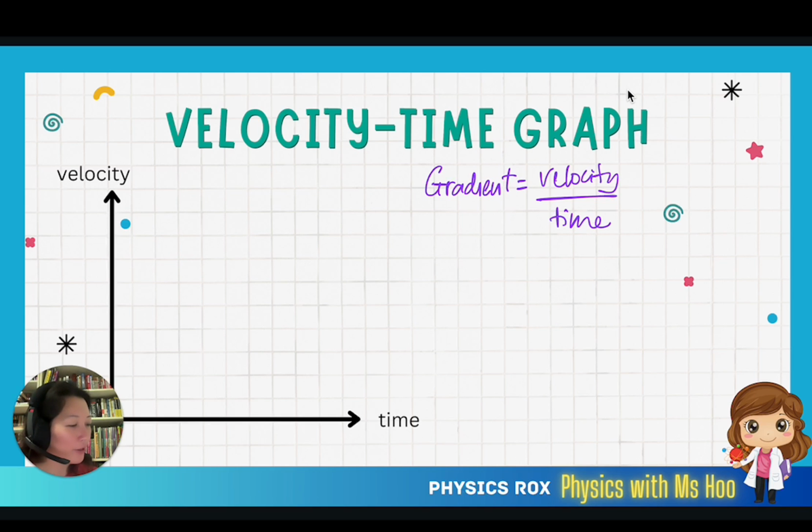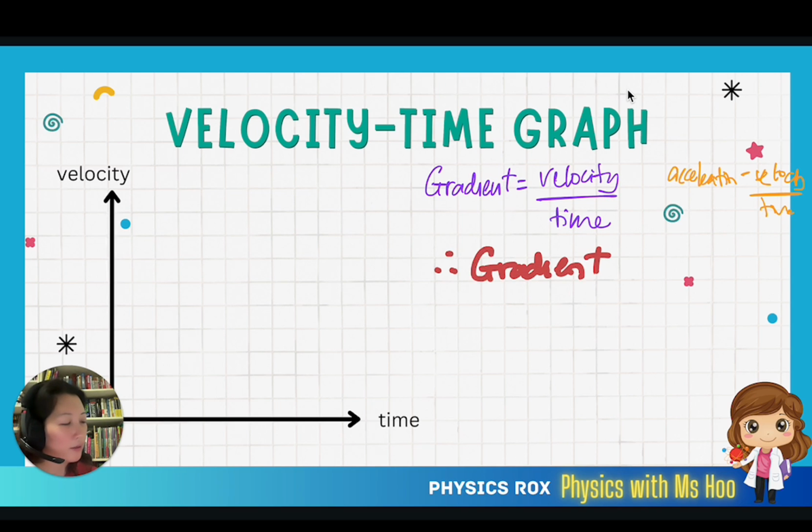So acceleration is the change in velocity over time, and therefore the gradient of a velocity time graph is equal to the acceleration.